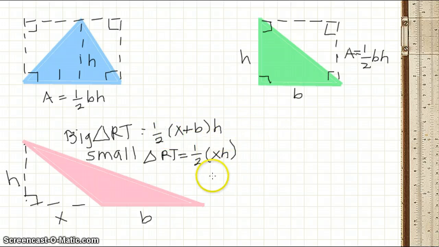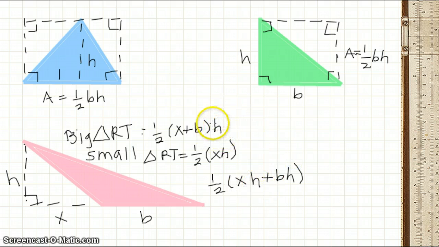So we're going to take 1/2 times xh plus bh. This becomes xh plus bh because we're taking the height from before and distributing it into the x plus b. Then we subtract 1/2 times xh.